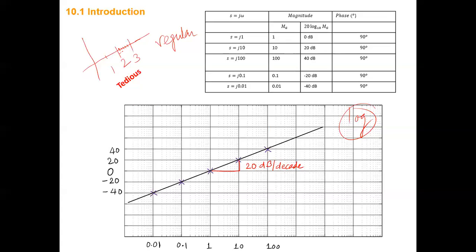The space between these two points is exactly the same as the space between these two points. But in the case of log, see the spacing? The first spacing is very big, and the second spacing is smaller. This is the third spacing, then the fourth, then the fifth. Spacing goes on decreasing. That's the property of a log plot. Unlike the regular plot, the spacing is not the same. They're different.